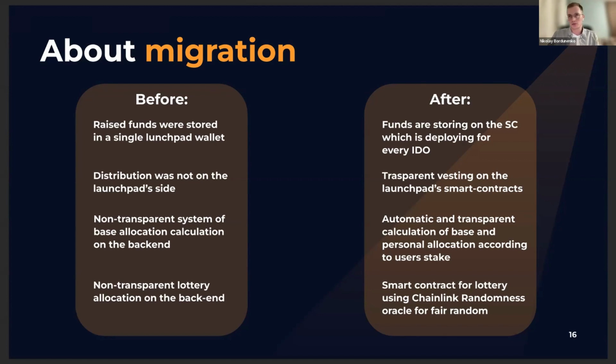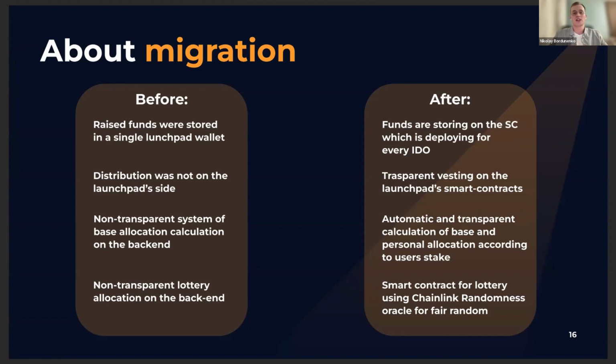I'd like to discuss some of the points in more detail. For example, let's start from the beginning. As I said earlier, all funds were stored just on project wallets or Launchpad wallets, which looks not so secure.